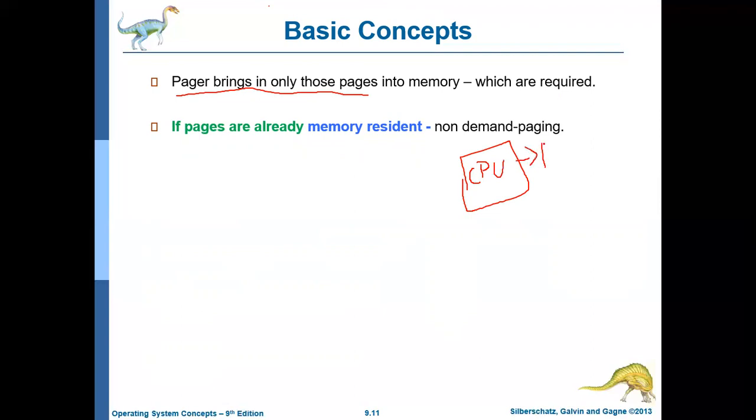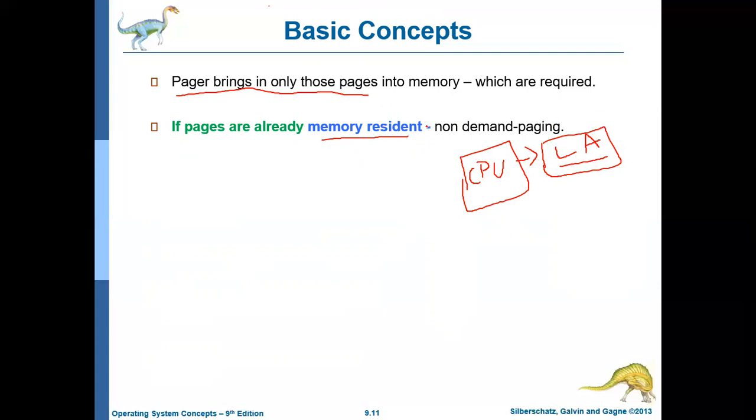Once it is generated by the CPU, the memory management unit will check whether the page associated with this logical address is in the memory or not. Memory resident means the CPU is creating some logical address, and the memory management unit will check whether the page associated with this particular logical address is available in the memory or not.